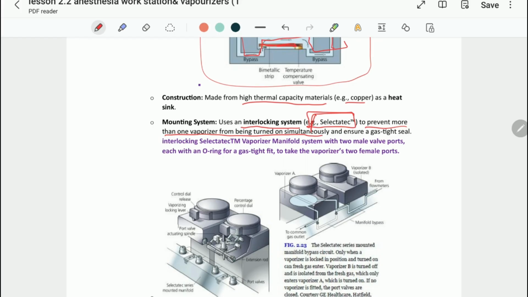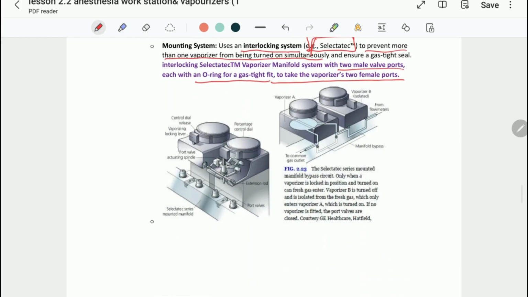The interlocking Selectatec vaporizer manifold system has two male valve ports with an O-ring for a gas-tight fit to take the vaporizer's two female ports. This is the picture showing the Selectatec series manifold. These are the male valve ports which take the two female ports from the vaporizer, and around them there is the O-ring, which ensures a gas-tight seal.